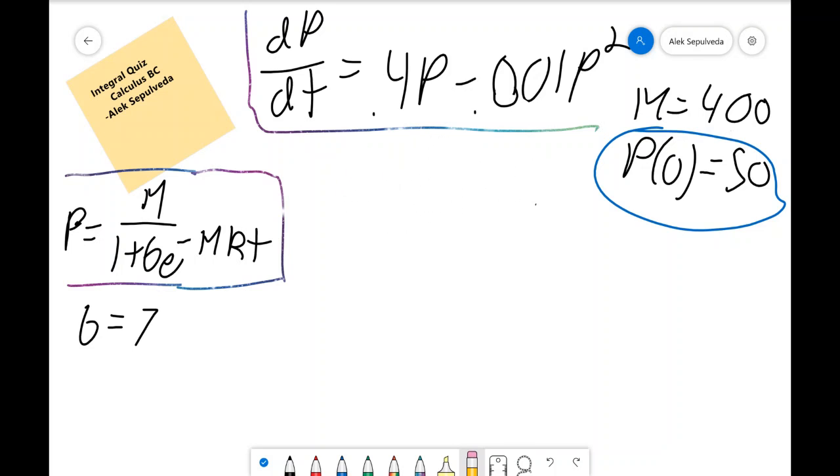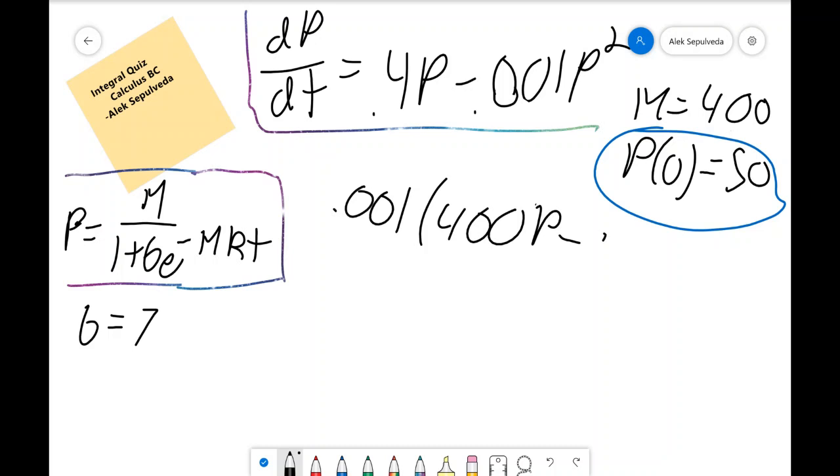What you'll notice with our population growth equation above is that it's very similar to this general equation. So I'm going to divide the entire expression by 0.001. By doing so, we end up with 400P minus P squared.